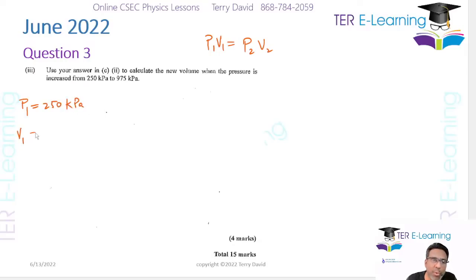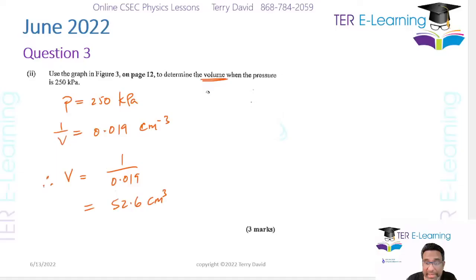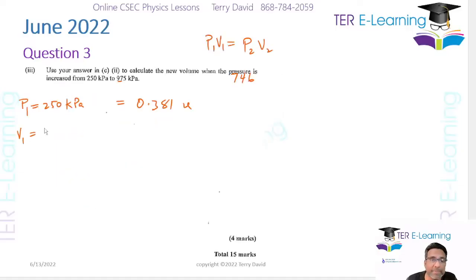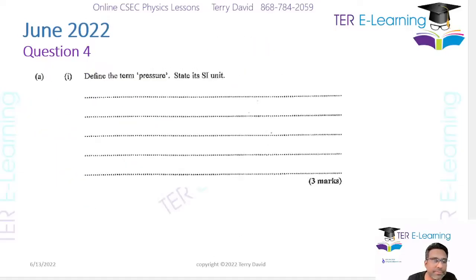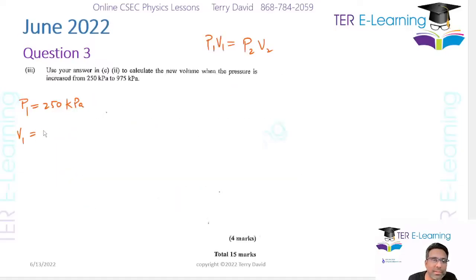Our initial volume is that volume that we just got there, which is 52.6. And P2, they told us it's 975 kilopascal. And V2, we don't know. That's what they want us to work out, calculate the new volume.